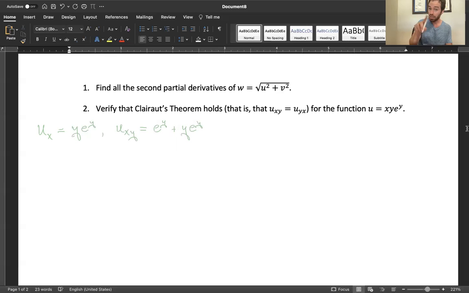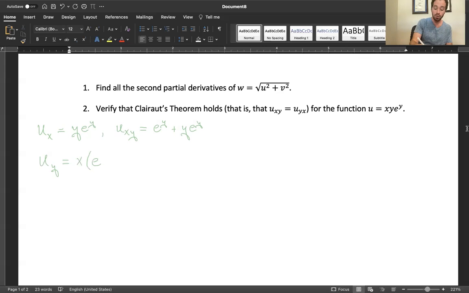Correct? You can take a second to think about it. Okay, agreed. Now we need uy with the goal of getting uy and then x. So uy is going to be x, regarded as a constant now, times the product rule applied to y e to the y. Well, we just got product rule of y e to the y.